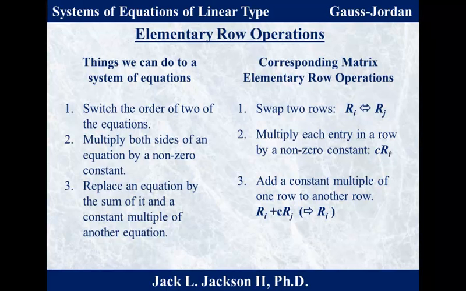Remember, our basic elimination step is we basically add multiples of the equations together to eliminate a variable. So our elimination step is the third thing that we can do. We can replace one of the equations by the sum of it and a constant multiple of another equation.